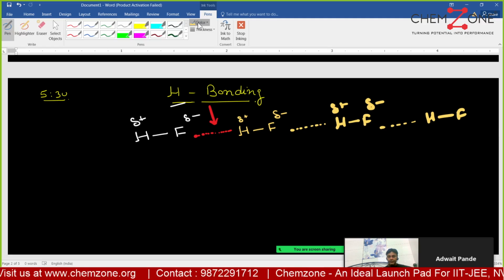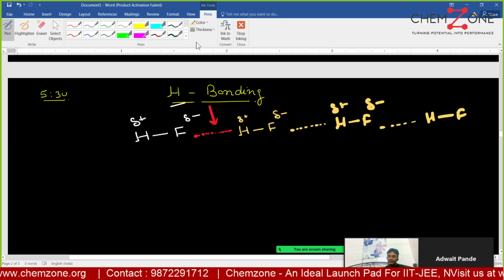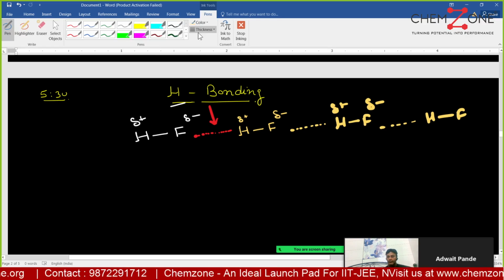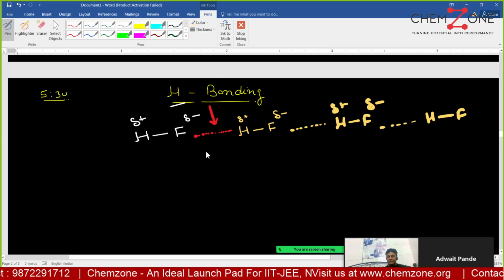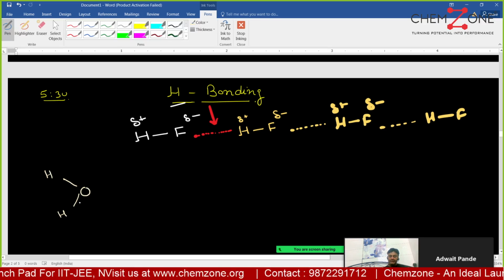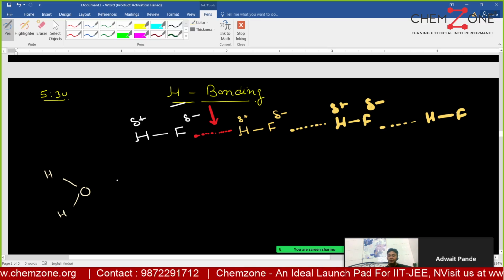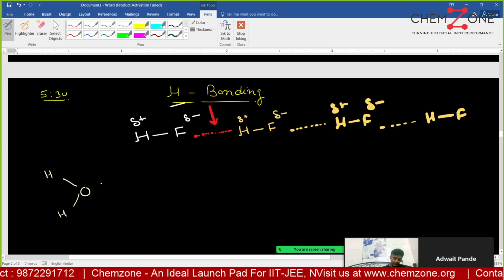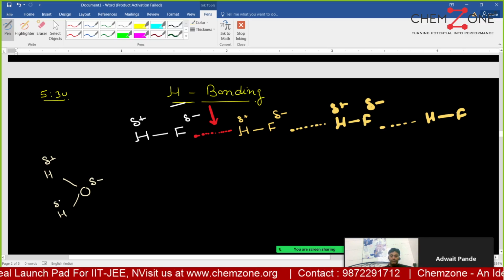I'm taking one more example now. Any doubt till now? I'll explain this hydrogen bonding again. But in these structures, any doubt? No. I'm discussing here the water molecule. Water molecule like this. Out of oxygen and hydrogen, which is more electronegative? Oxygen. So it has a partial negative charge, and hydrogen has a partial positive charge.